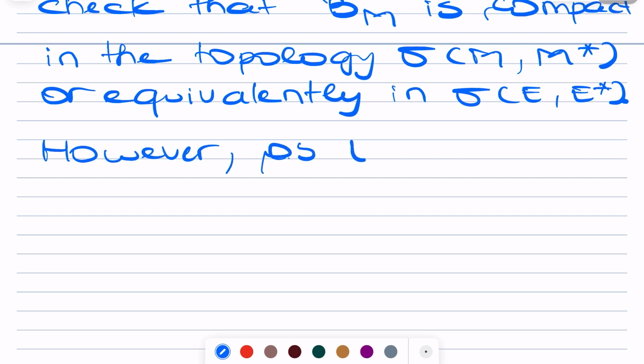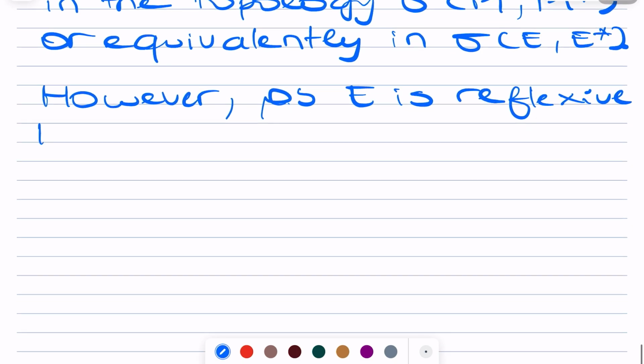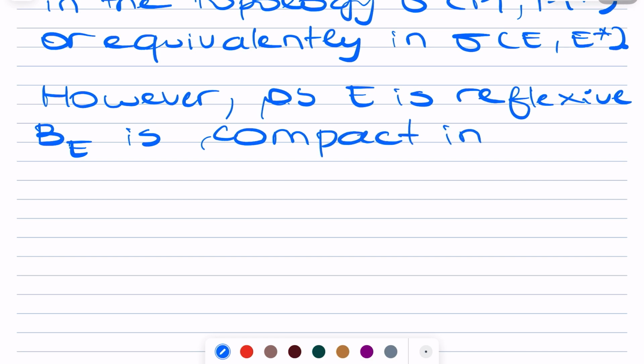However, because E is reflexive, the closed unit ball in E is compact, again by Kakutani. So this is compact in the topology sigma E E star.